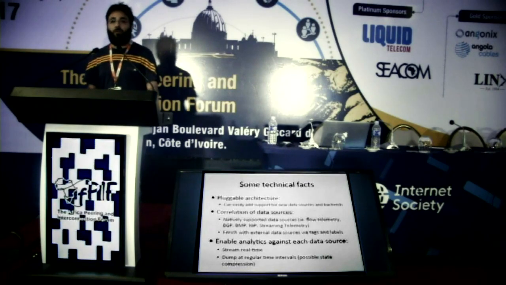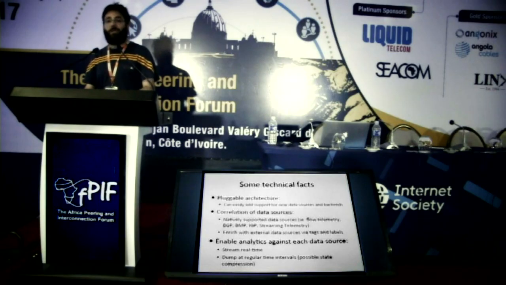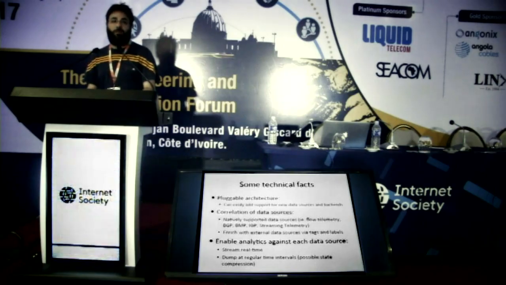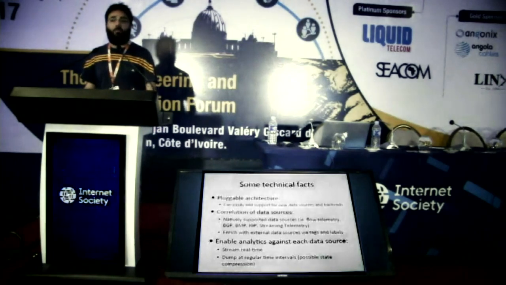So you can, for example, augment the flow traffic with BGP, but at the very same time, you can also log the BGP itself, right? And you can do it in 2 different ways. You can stream real-time information to the backend, or you can dump at regular time intervals.